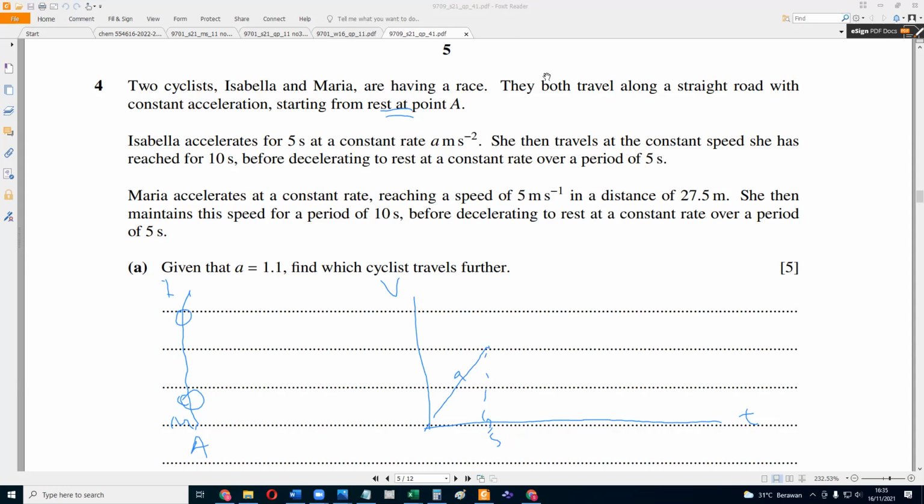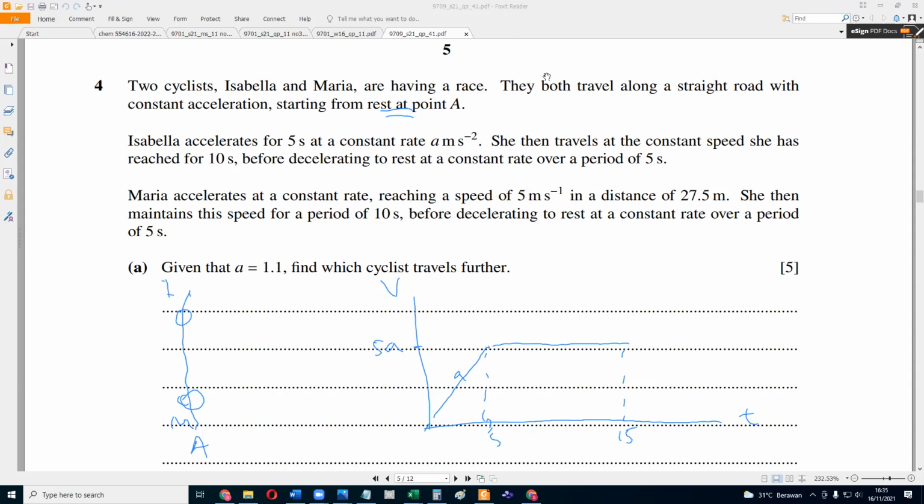After this, the velocity that she has is going to be 5a. That's the velocity she has after 5 seconds. Then she's going to go at constant velocity for 10 seconds. If this is 10 seconds, we have 15, right?